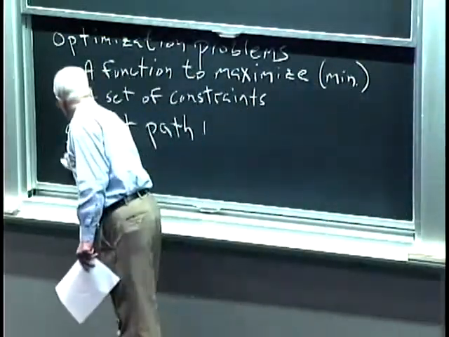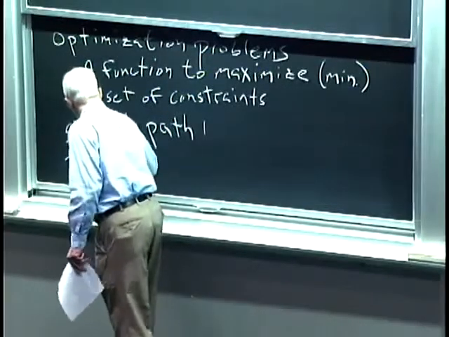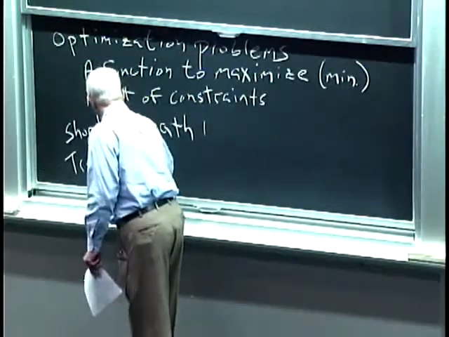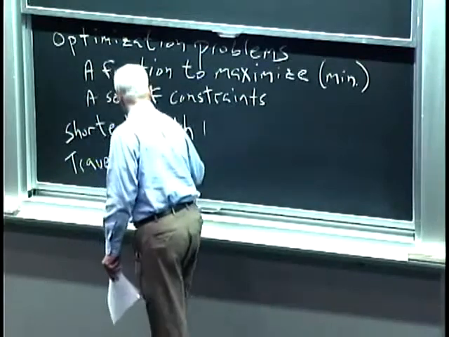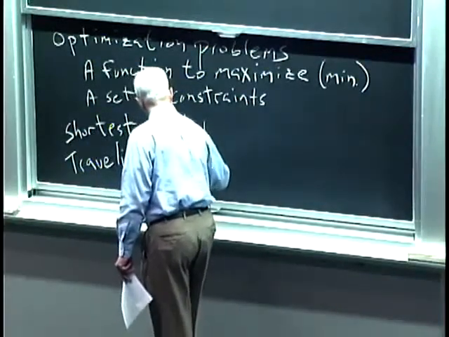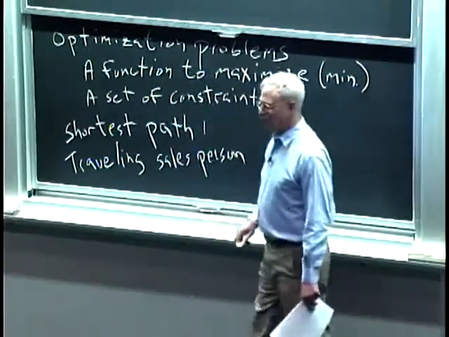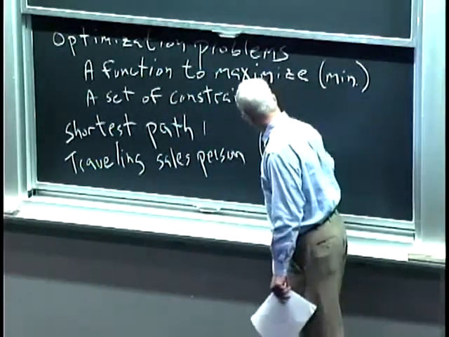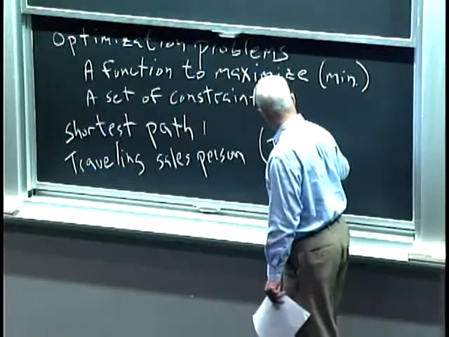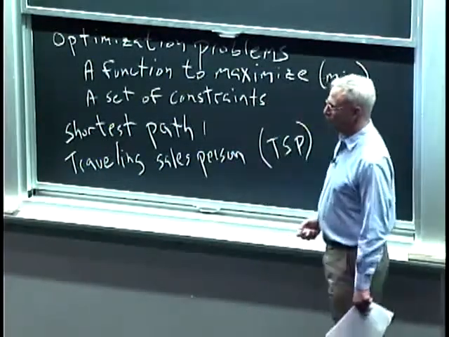Another classic optimization problem is the traveling salesman. Actually, I should probably be modern, call it the traveling salesperson. The traveling salesperson problem.